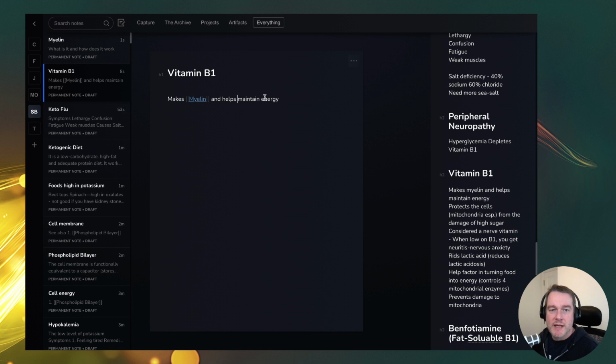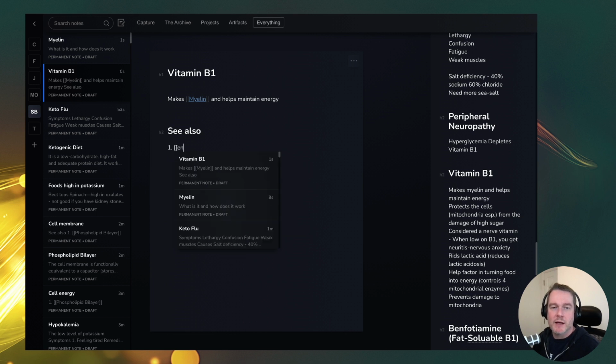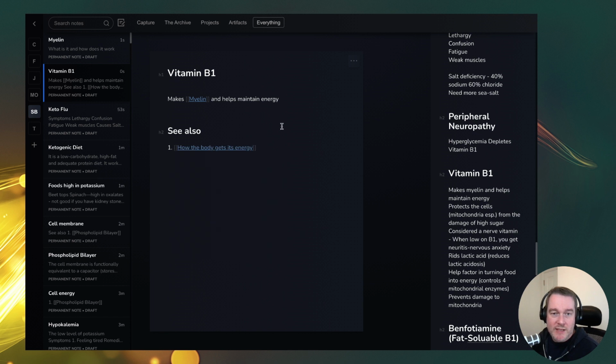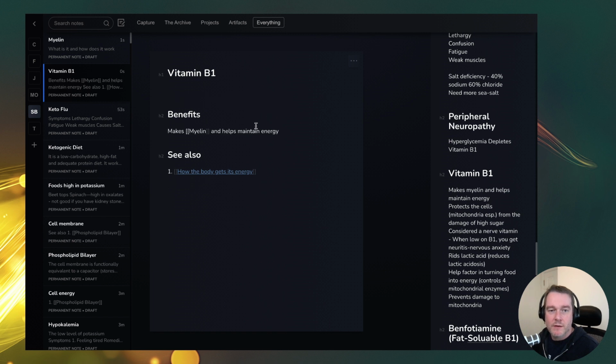Vitamin B1 maintains energy. See also, and then we had something to do with energy: how the body gets its energy. There you go. If you're low on energy... All right, let's move that into the benefits.